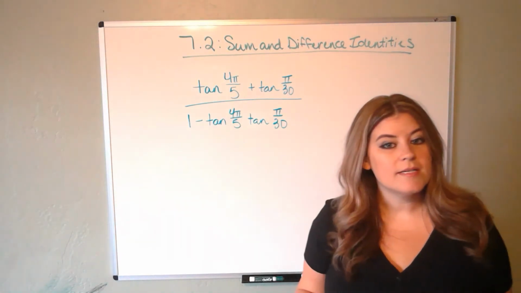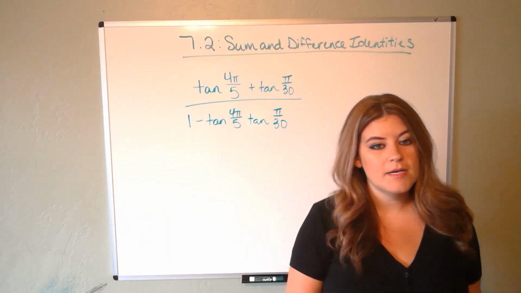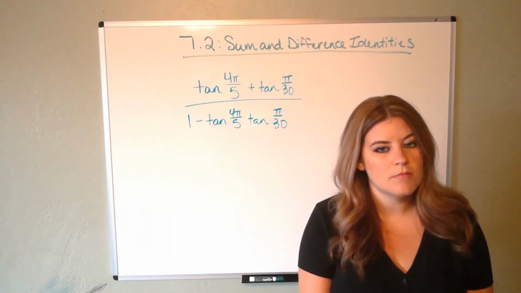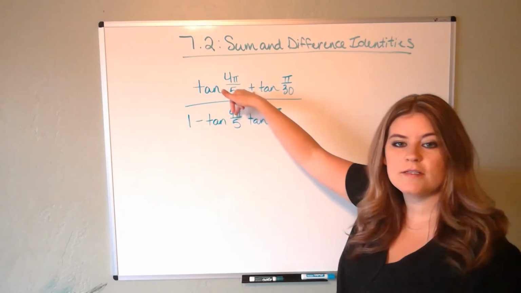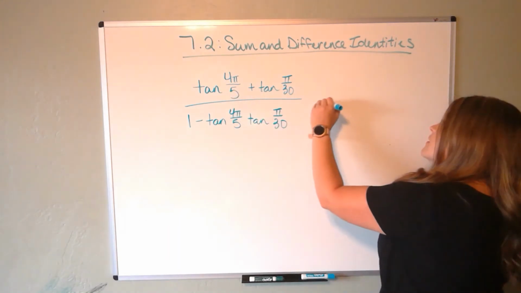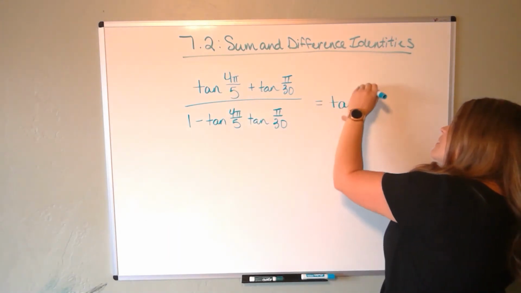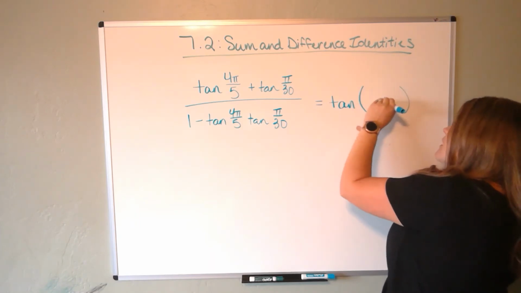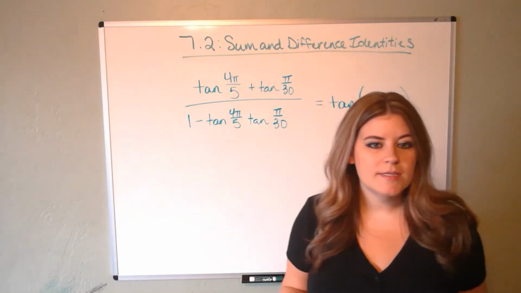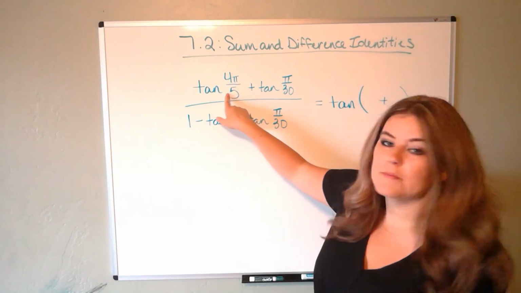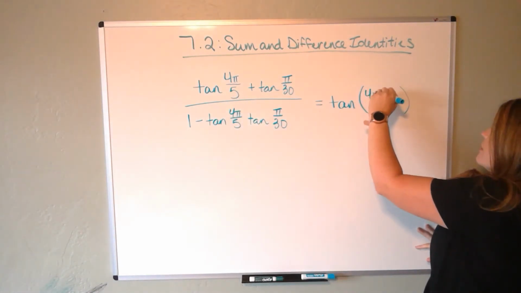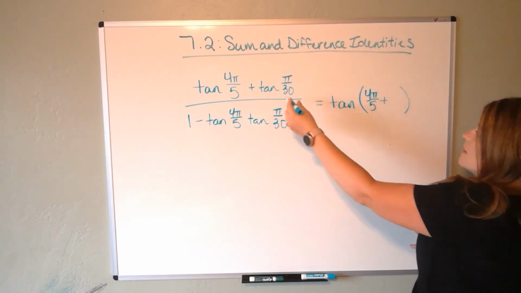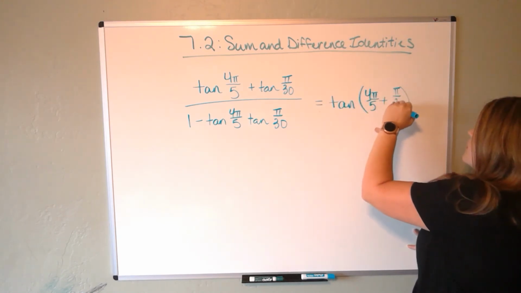Is it tangent A plus B or A minus B? And remember, you have these written down so you can tell. When the plus is on top for the tangent, this is a tangent A plus B identity. What is A? What is B? Remember, A comes first. So A must be 4 pi over 5, and B must be pi over 30.